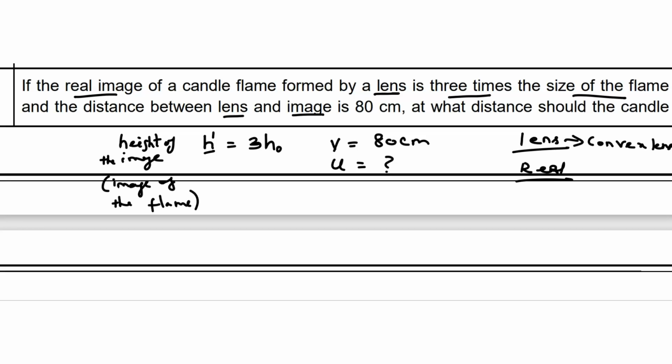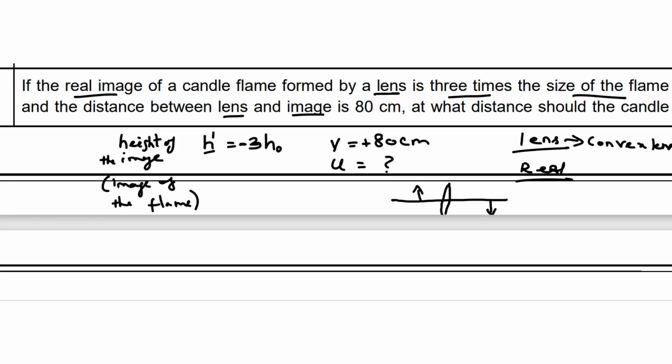If it is real, let us place the lens here. A flame is kept somewhere, you don't know the object distance, and the image is real, which means it is formed below the principal axis on the other side of the lens. So v is definitely positive 80 centimeter. And since the image is real, it has to be below the principal axis, so it is also negative 3 times h naught.